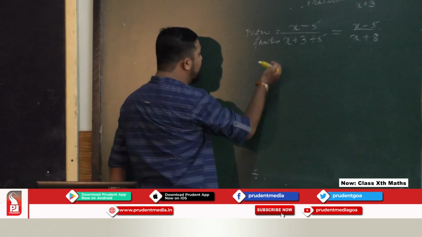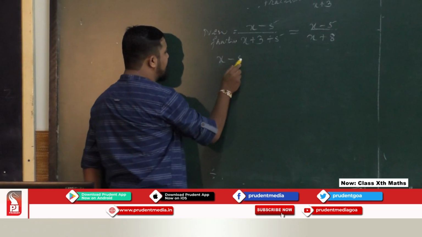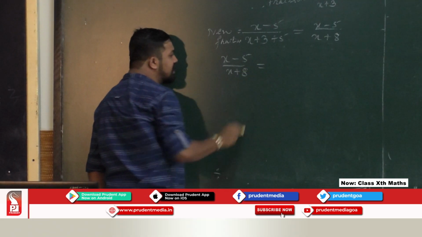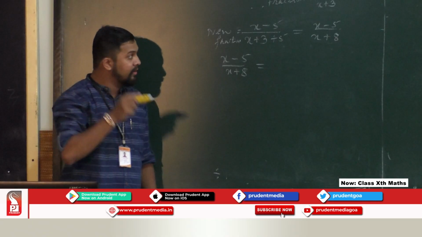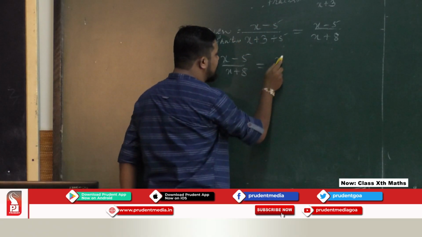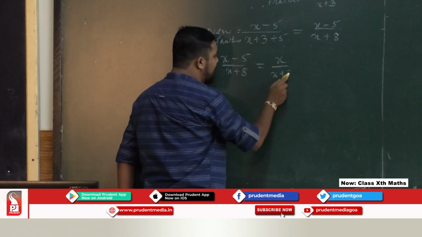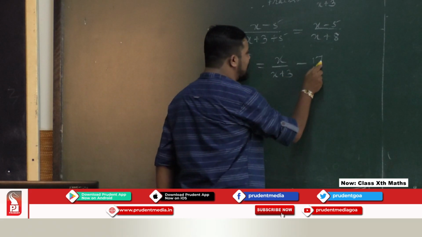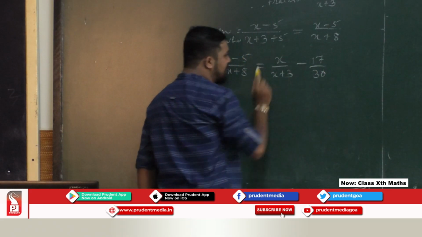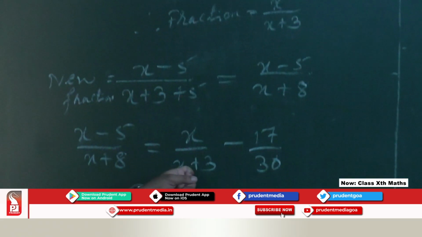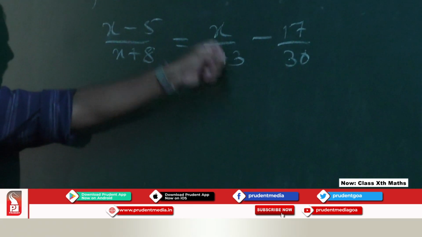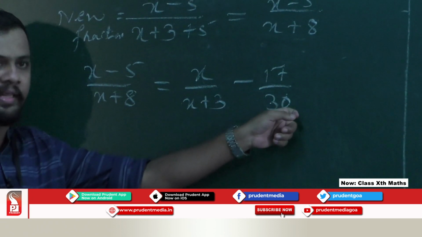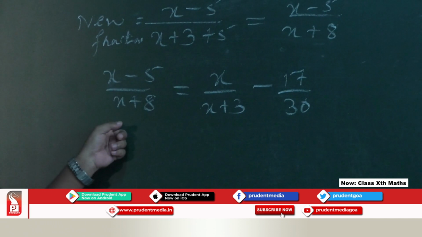That means the new fraction, that is x minus 5 over x plus 8, you will get when your original fraction, that is x divided by x plus 3, is decreased by 17 by 30. Decrease means minus. So when from the original fraction I subtract 17 by 30, only then will I get the new fraction.